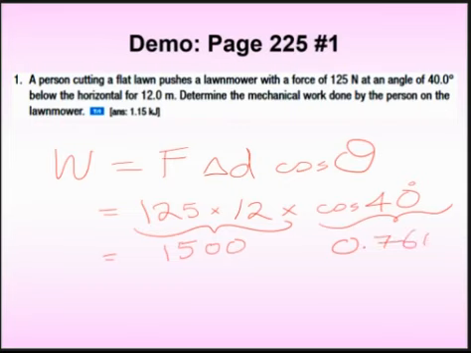So how much is the answer? 1500 times 0.766. First of all, units. It can't be newtons because we've already used the newtons. We're calculating work, which is measured in joules. Okay, sig figs.